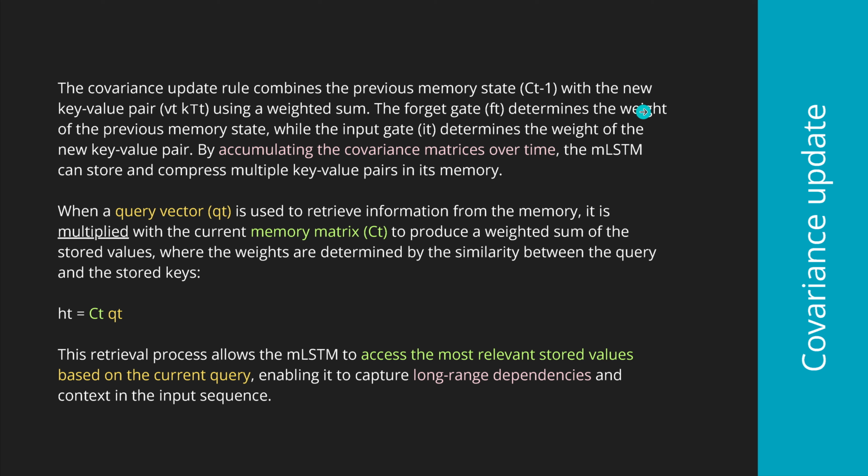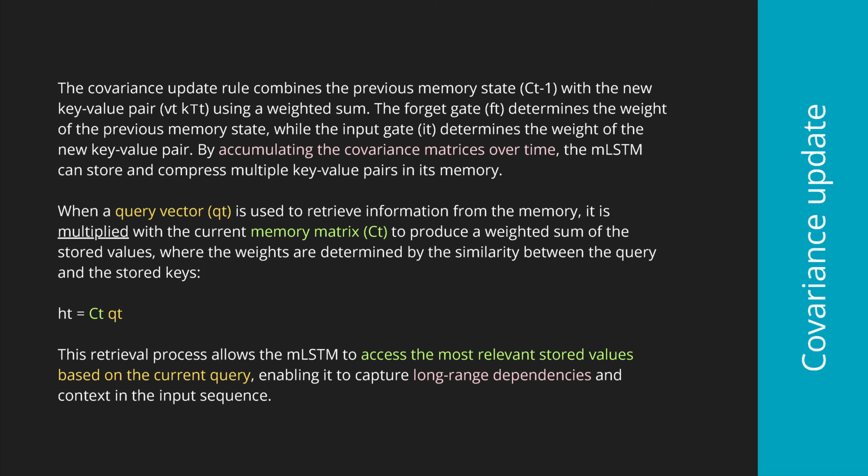Now, if we have our beautiful memory matrix learned, of course you want to probe it with a query. When a query vector q at time t is used to retrieve information from the memory, it is simply multiplied with the current memory matrix C at time t to produce a weighted sum of the stored values, where the weights are determined by the similarity between the query and the stored keys.